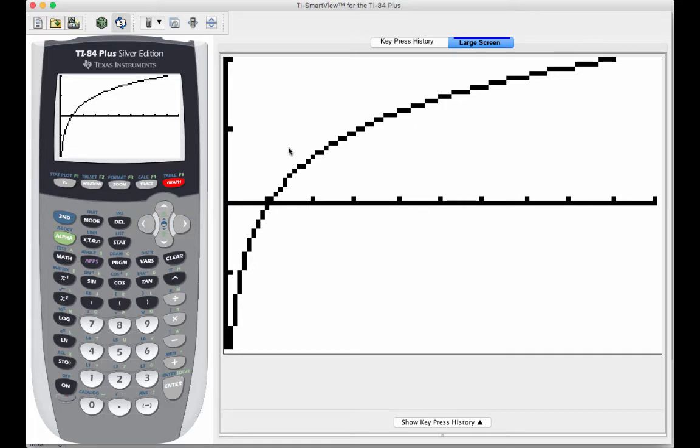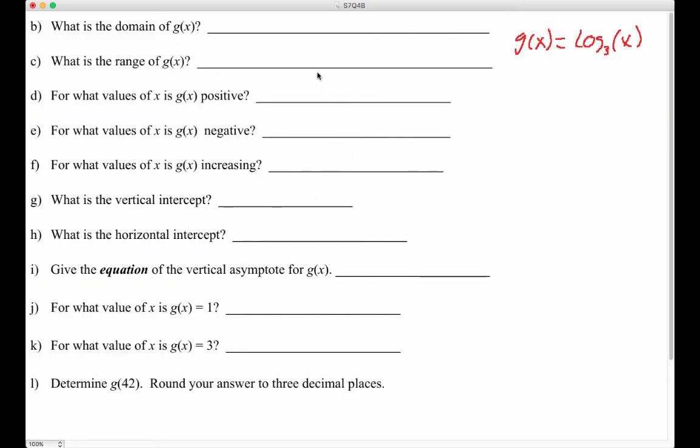And again, recalling from the first part of the discussion, the y-axis is a vertical asymptote. So we're going to get as close as we ever want to 0, in other words, letting x go to 0, but it's never going to quite get there. So what that means is that the domain of g of x are x's strictly greater than 0.